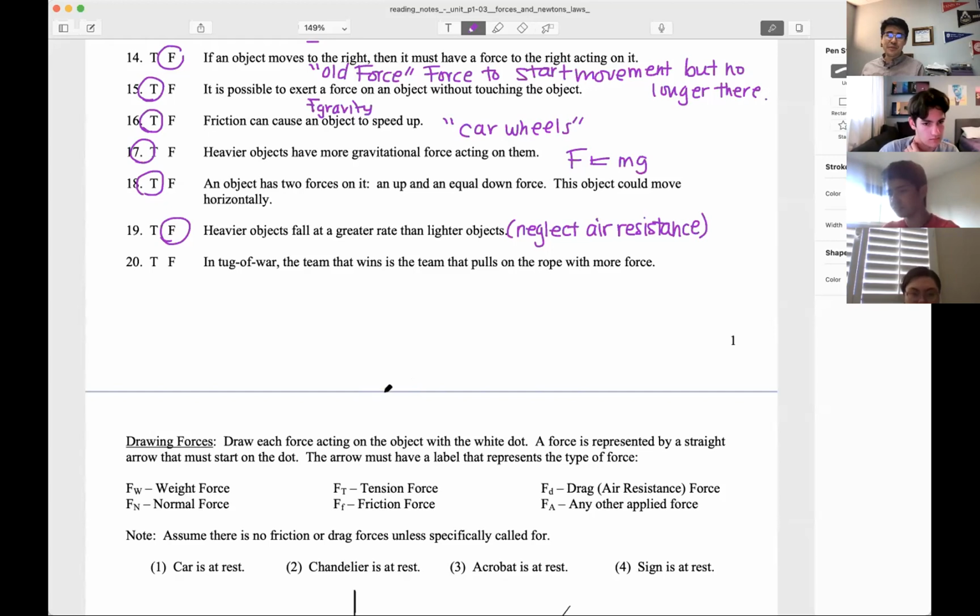I believe you, but your answer is only partially true. How else could you win tug of war? Anybody play tug of war recently? It depends on your grip strength, right, holding onto the cord.